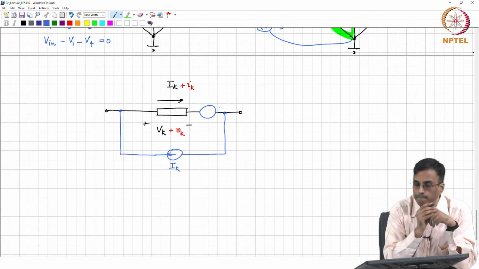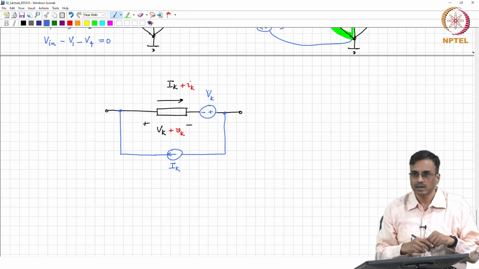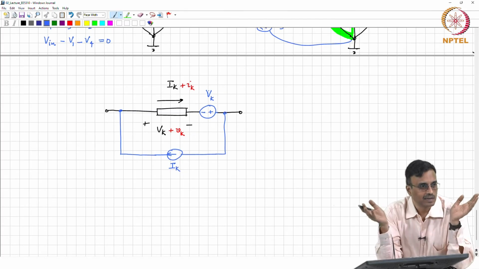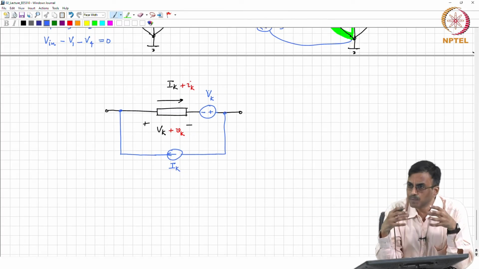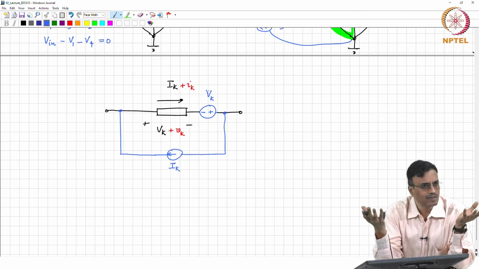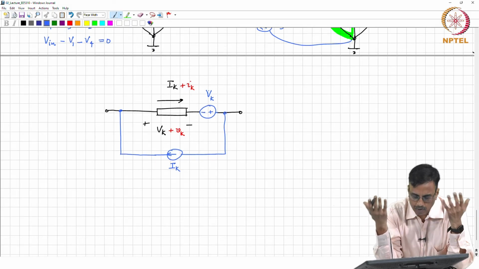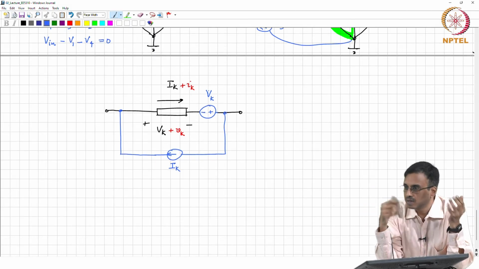What is the value of the voltage source? Capital Vk in the opposite direction, correct. And we just discovered that if we replace every branch with this contraption, then KCL and KVL will be satisfied at every node. Does it make sense? Right? Okay. I hope you are able to see the construction.